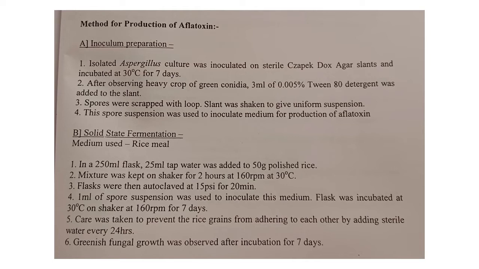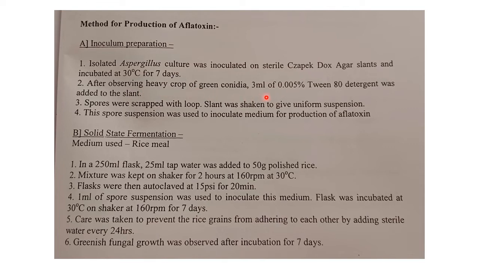Now about methods for production of aflatoxin. First, inoculum preparation. Once you have isolated your Aspergillus culture, you inoculate that isolate on a sterile Czapek Dox agar slant and incubate it for 7 days. Why 7 days? So that you will get a heavy crop of green conidia. We need the spores.